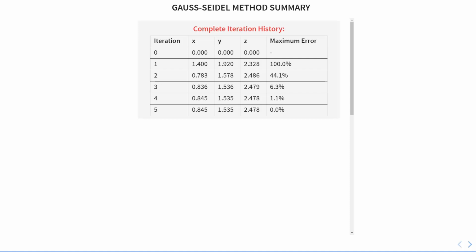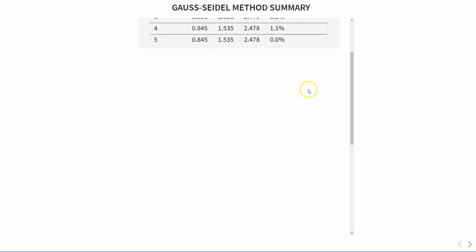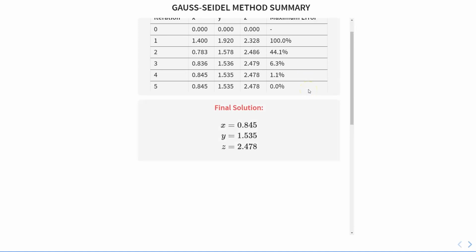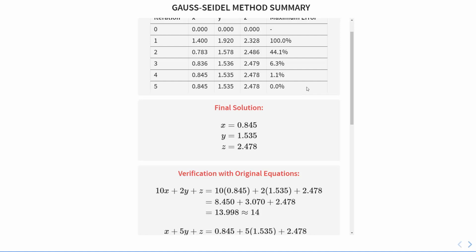These are the iterative solution of the linear equations. So my final solution is x is equal to 0.845, y is 1.535 and z is 2.478.